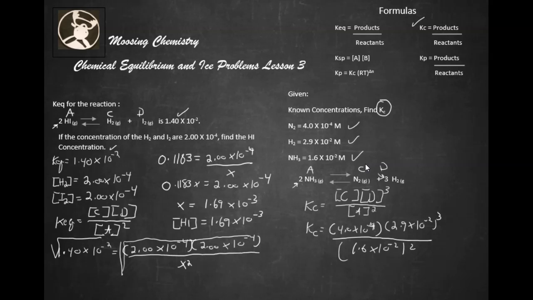So when we do our math, Kc equals 9.76 times 10 to the negative 7 divided by 2.56 times 10 to the negative 4.